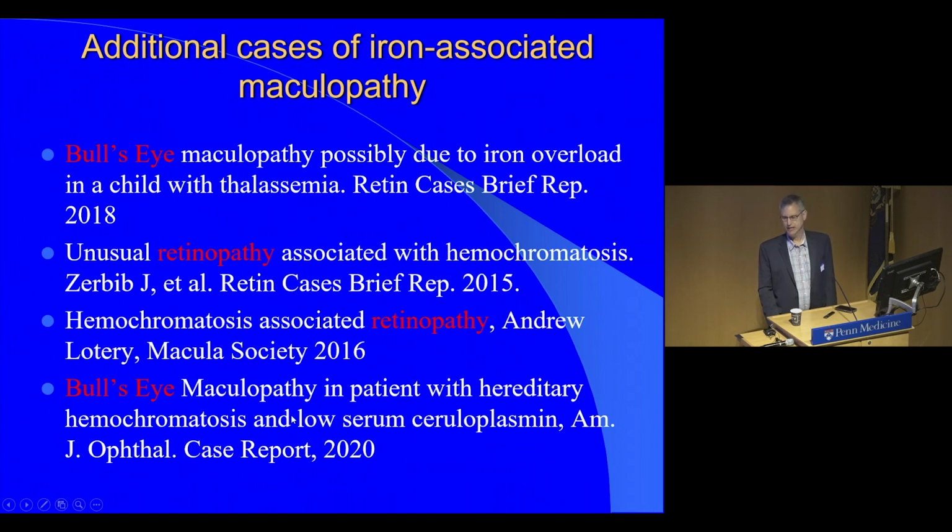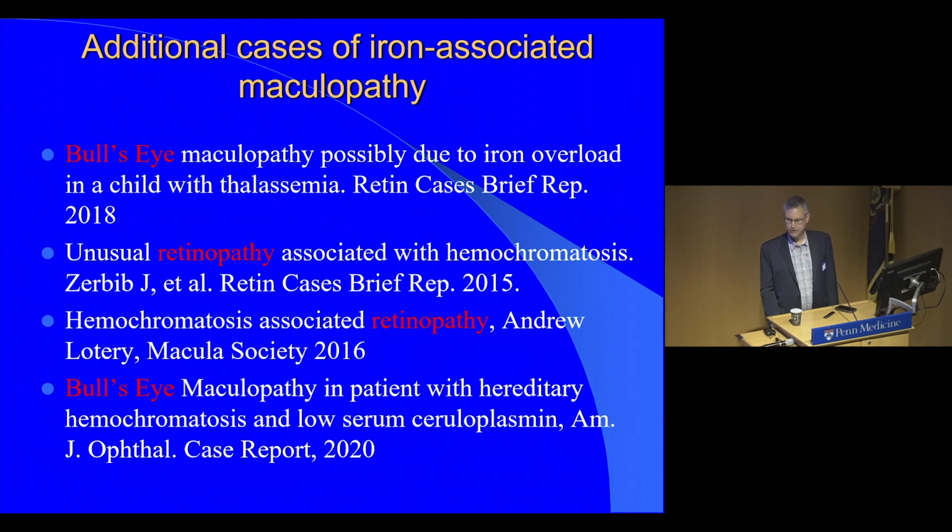I asked them to check the serum ceruloplasmin to see if maybe low serum ceruloplasmin might contribute. If there's high blood iron and low serum ceruloplasmin, then that iron would be in a more toxic ferrous form. They checked it, and sure enough, it was low in this patient.